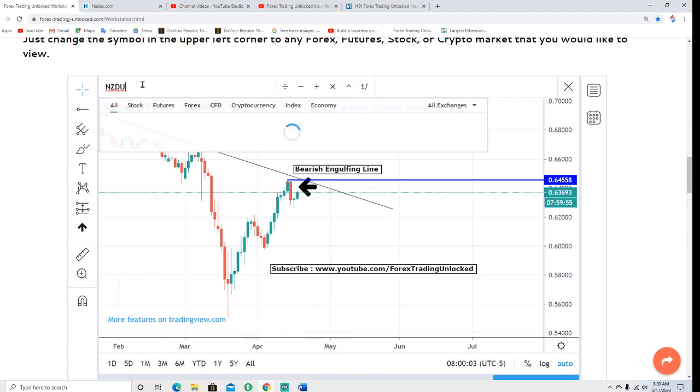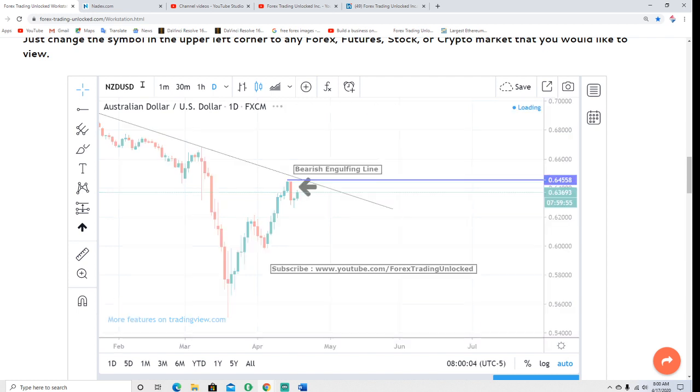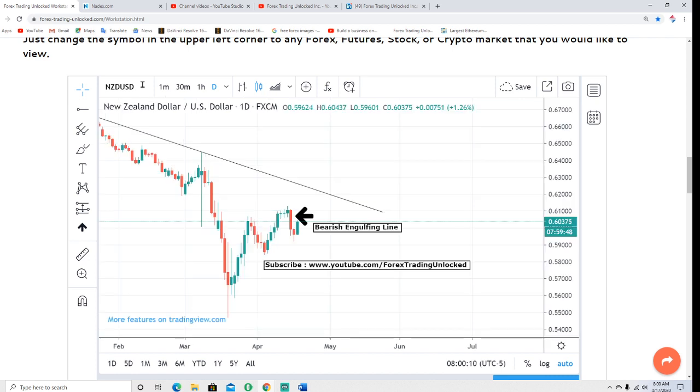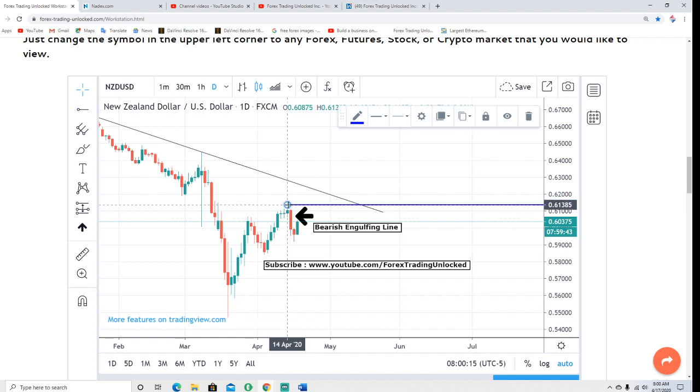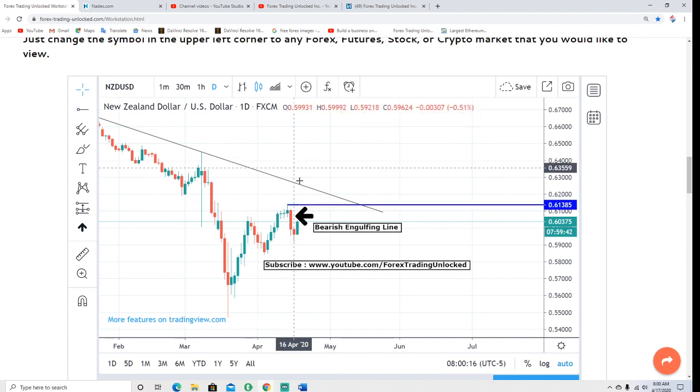All trading below this keeps our sell signal intact, and we're looking for lower move lows. New Zealand dollar, US dollar, which has been trading pretty much in tandem with the Australian dollar, US dollar, is also giving us a similar outlook for today. It had a bearish engulfing line also 2 sessions back. However, this one, even though it is more positive on the day, still isn't looking too good. So we'll see how this manifests, if the bulls can hold up for the Kiwi as the session continues.